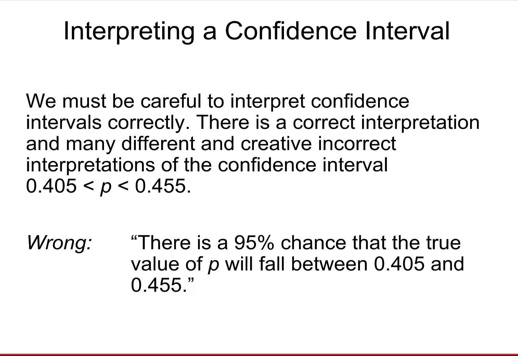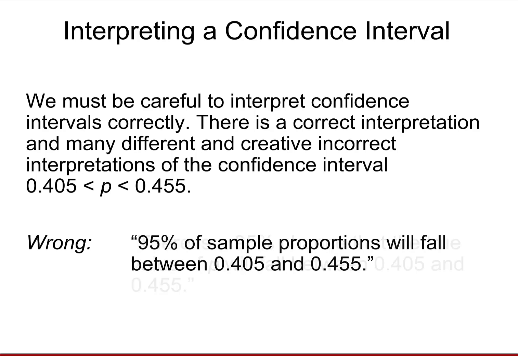An incorrect interpretation is there's a 95% chance that the true value of p will fall between 0.405 and 0.455. The 95% doesn't have to do with a probability or a chance. It has to do with how we construct the interval.